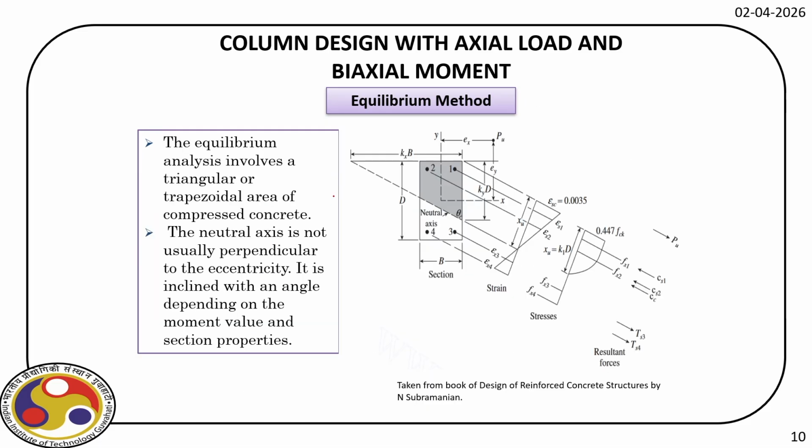Here you can see, if you have a cross section where we have axial force and moment about x and about y, obviously the neutral axis is marked here, which is at an angle theta with the vertical, right? And accordingly the strain diagram here and stress diagram here.